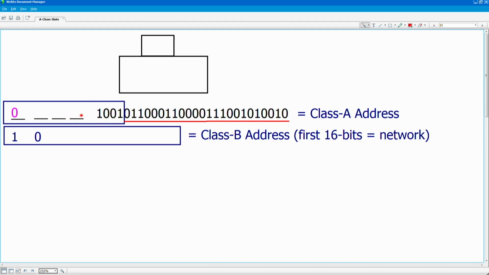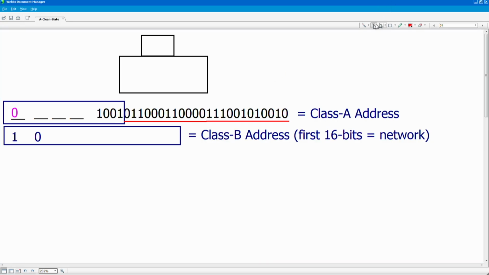Not really feasible. With class B, I've got a lot more networks available to me, but I'm sacrificing my host space. Now instead of 24 bits for host, I've only got 16 bits for host, which is still an awful lot. That means with class B, I've got well over 65,000 networks, and each one of those networks also has 65,000 combinations of hosts it can have on that one wire.